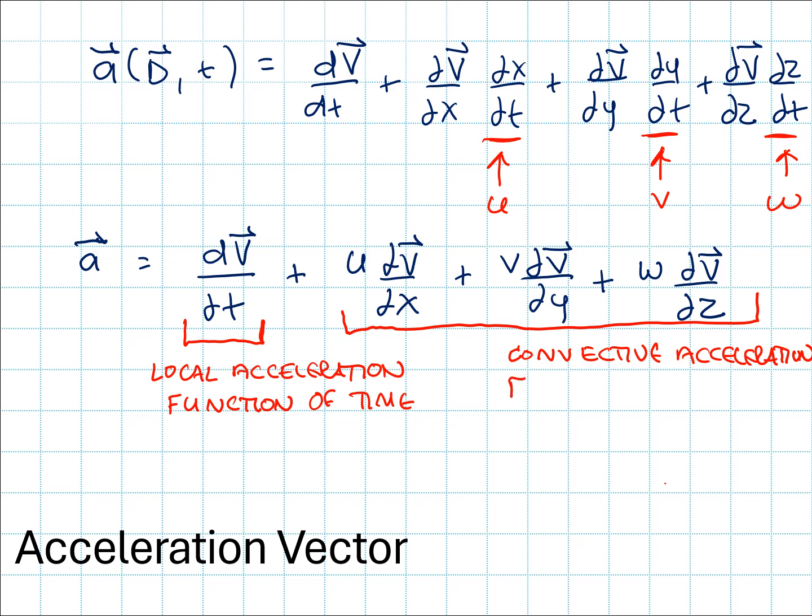And what you can see is that these three terms are a function of displacement or space. Right? So we've got the change in velocity with respect to x, y, and z, respectively.